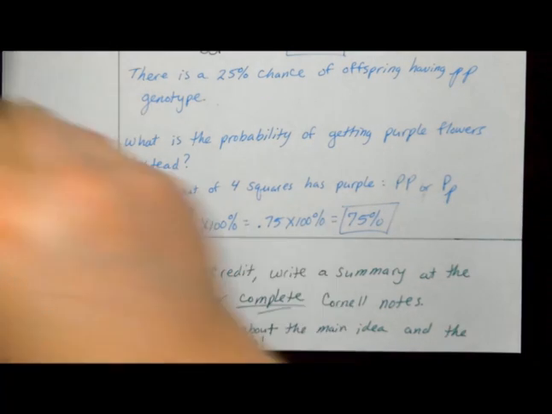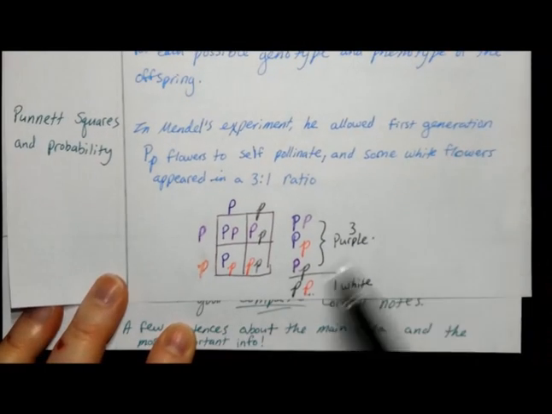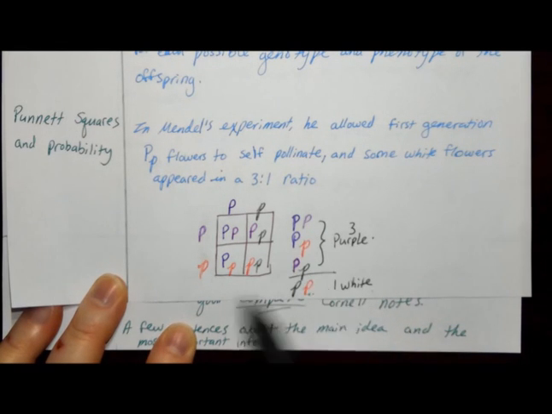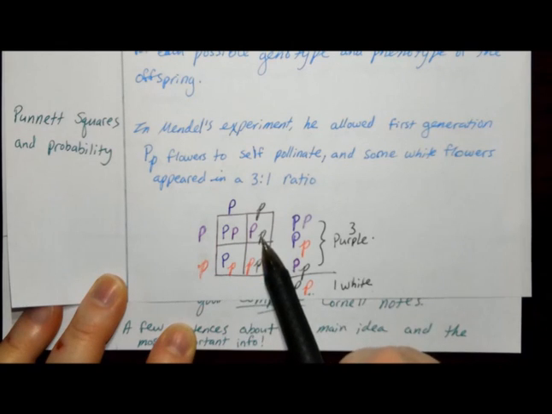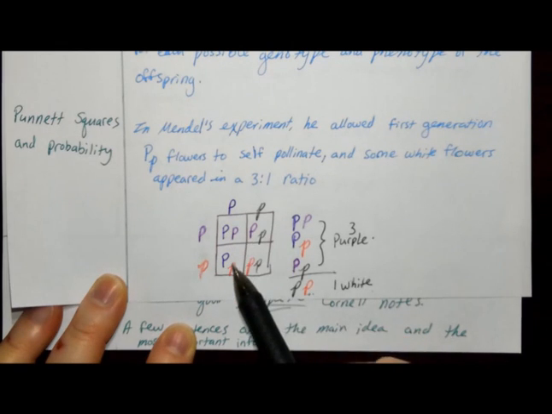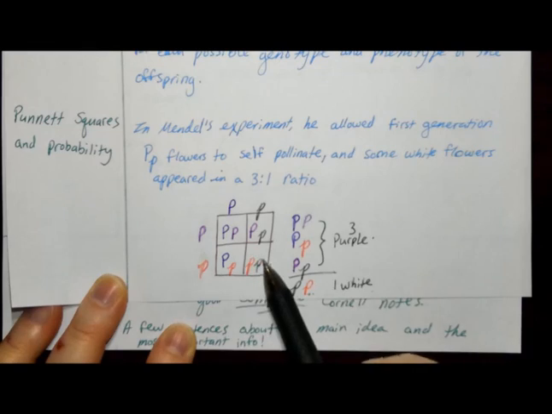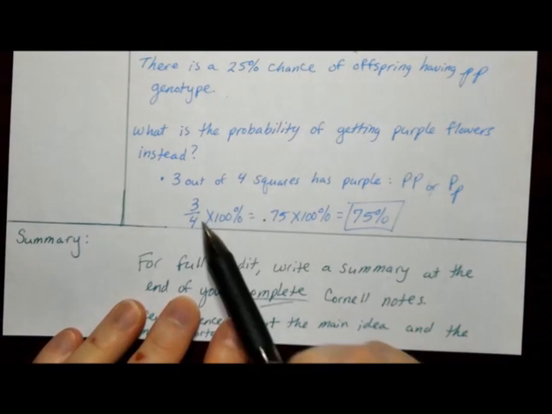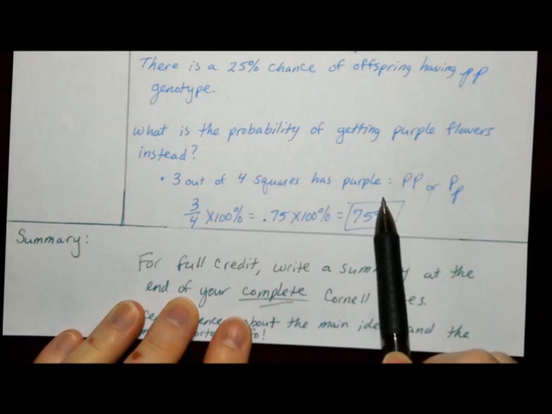So 1, 2, 3 out of 1, 2, 3, 4. 3 out of 4 squares can be purple.